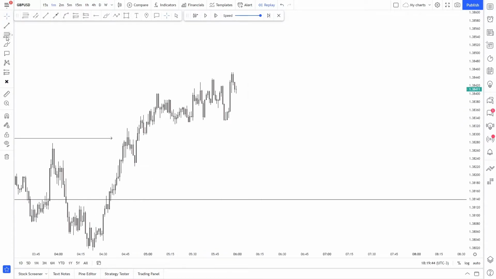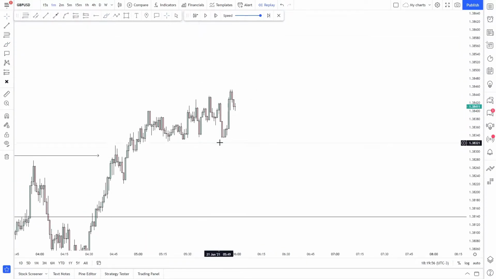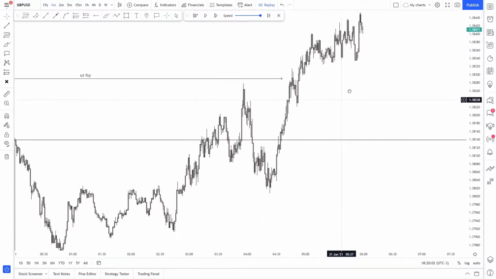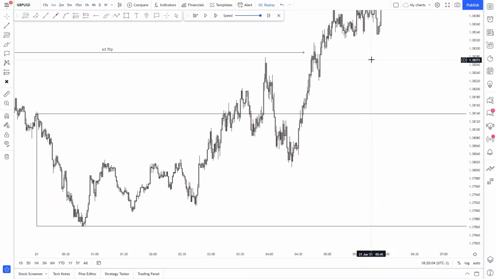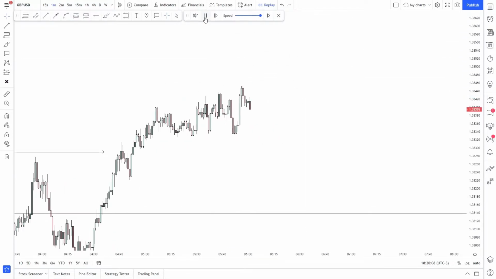If I remember how I called it, I gotta change the names, which is the fake complex pullback, as it is leaving a lot of liquidity below it, so I would expect something like this, more than a continuation to the upside, because we have a lot of liquidity below us, and we don't have an extended push up, so yeah, we'll see. Let's just let price run for a little bit.